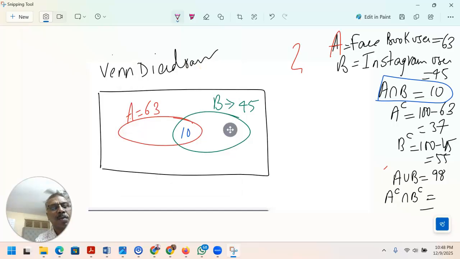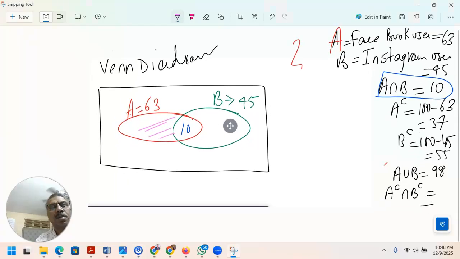Okay, so now what I'm trying to say is here, this space: students who use only Facebook but not Instagram. Facebook students are 63 here, so the students who use only Facebook will be, so this is A, actually it is A and B complement, meaning students who don't use Instagram but they use Facebook.